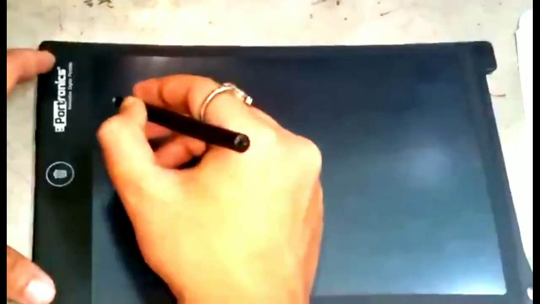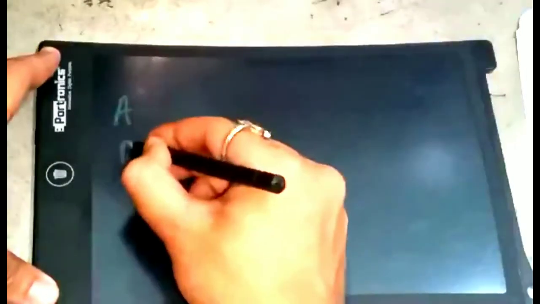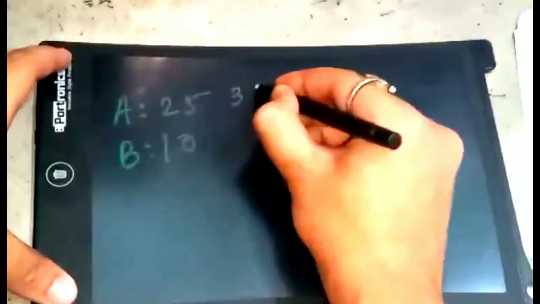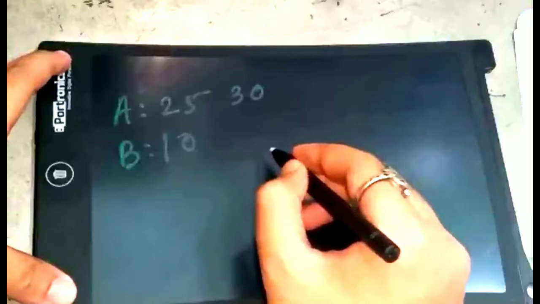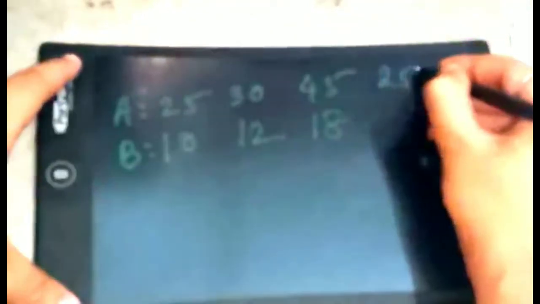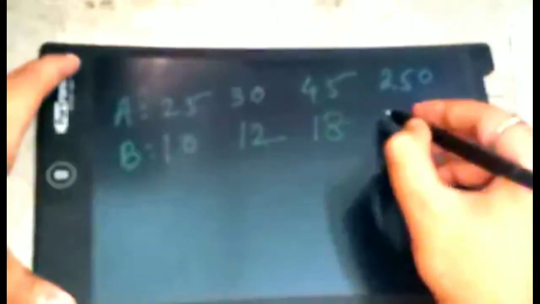What kind of values are we given? Say we have two variables A and B. The value of A is 25 when B is 10. The value of A is 30 when B is 12. The value of A is 45 when B is 18. And the value of A is 250 when B is 1000.